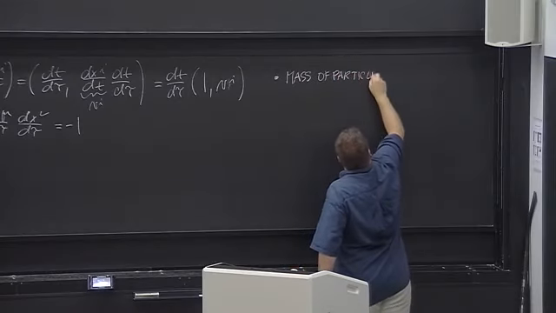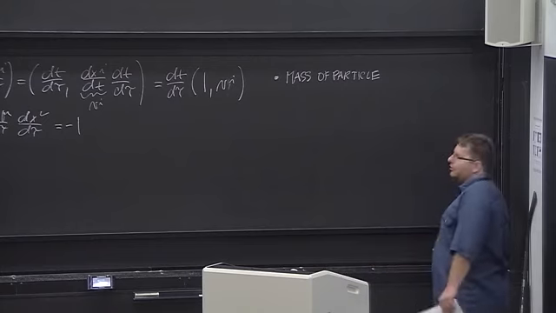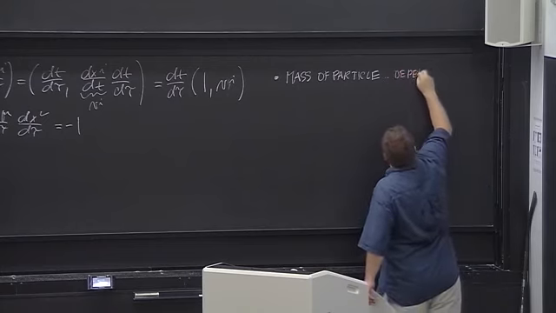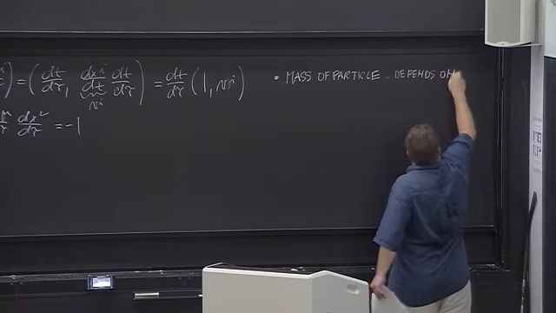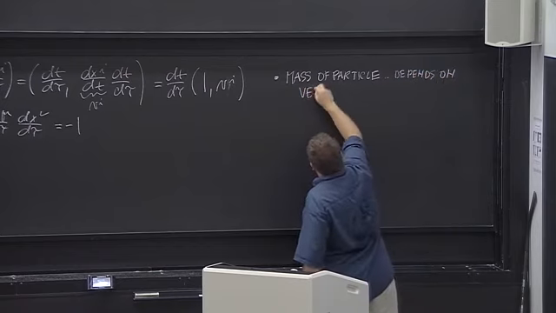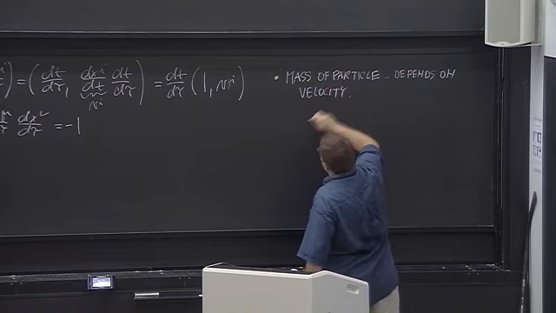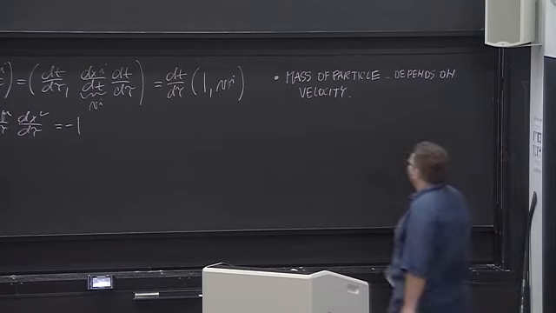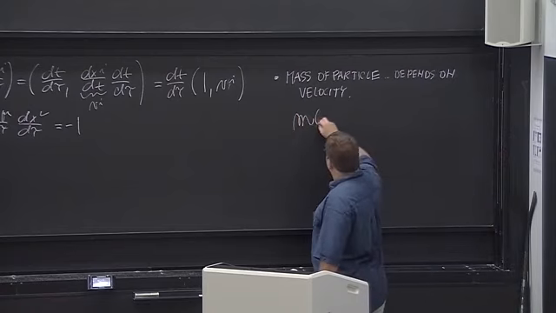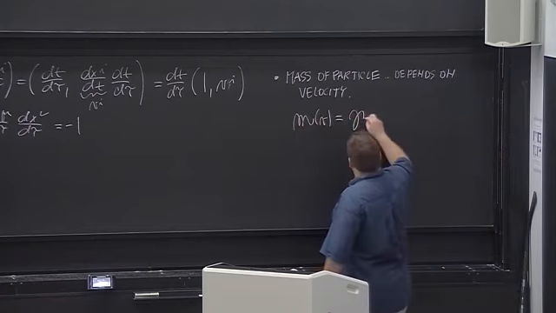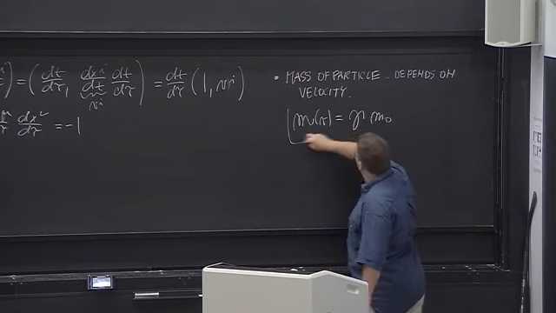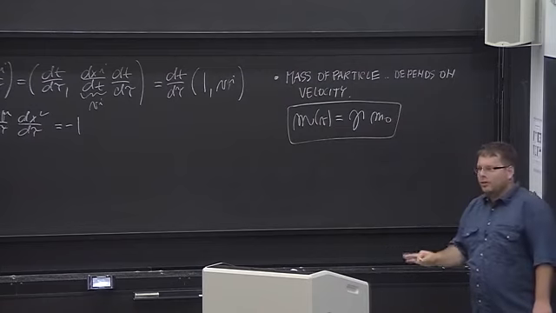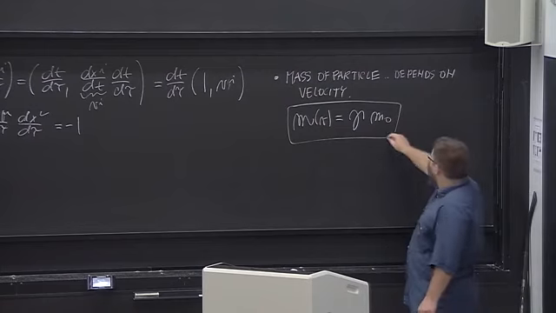And you know, if you have taken some special relativity courses, that it depends on the velocity of the particle. So if I have an observer who sees this particle traveling with some velocity v, then he measures m_v, which is gamma times m0, where m0 would be the mass if the particle were not moving. So this is the rest mass.